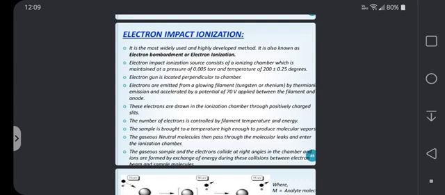The sample is brought to a temperature high enough to produce molecular vapors. The gaseous neutral molecules are then passed through the molecular leaks and enter the ionization chamber. The gaseous sample and the electrons collide at a right angle in the chamber, and ions are formed by exchange of energy during this collision between the electron beam and the sample molecules.